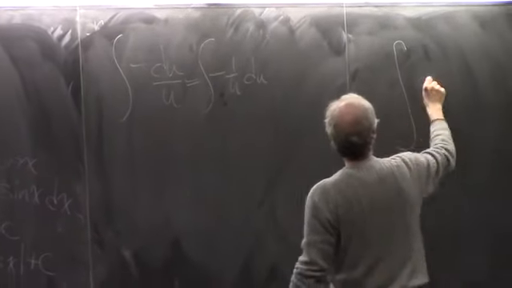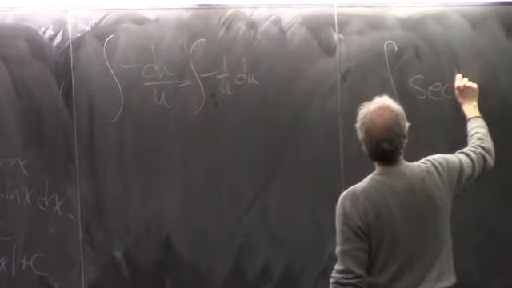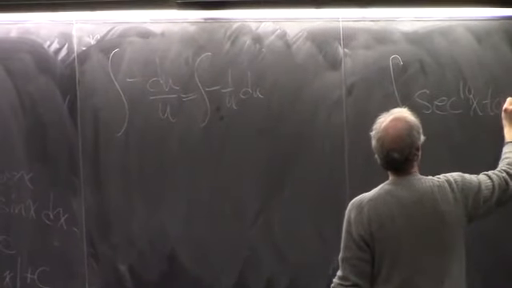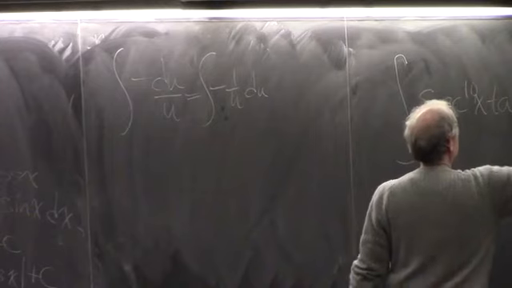Okay? Here's one that's annoying. What if I let u equal tan x? Well, du would be secant squared, which doesn't do me much good, because I've got secant to the 10th.